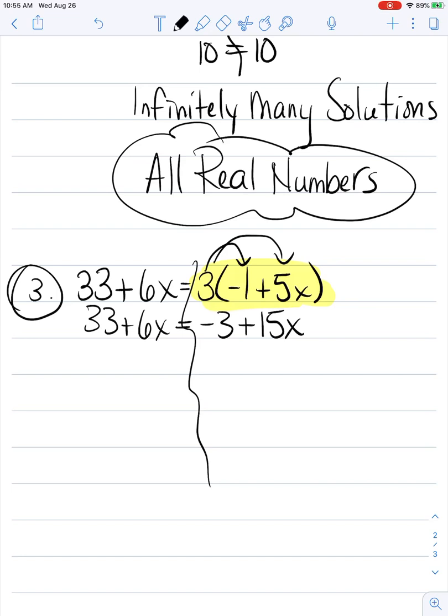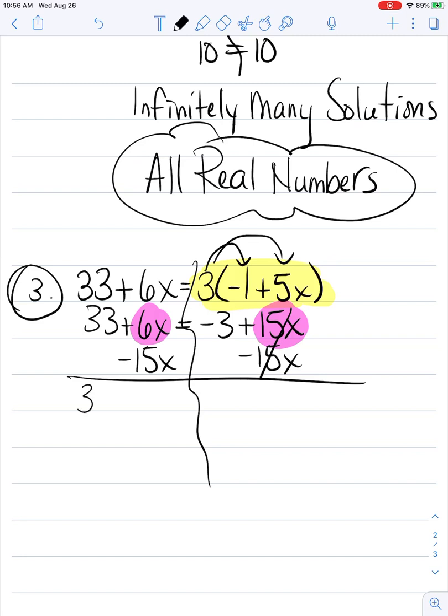I do not see like terms on each side, but I do see that I have variables on both sides. So I'm going to start doing my inverse operations. The opposite of plus 15x is to subtract 15x from both sides. That leaves me with 33, 6x minus 15x is -9x equals -3, and that canceled.